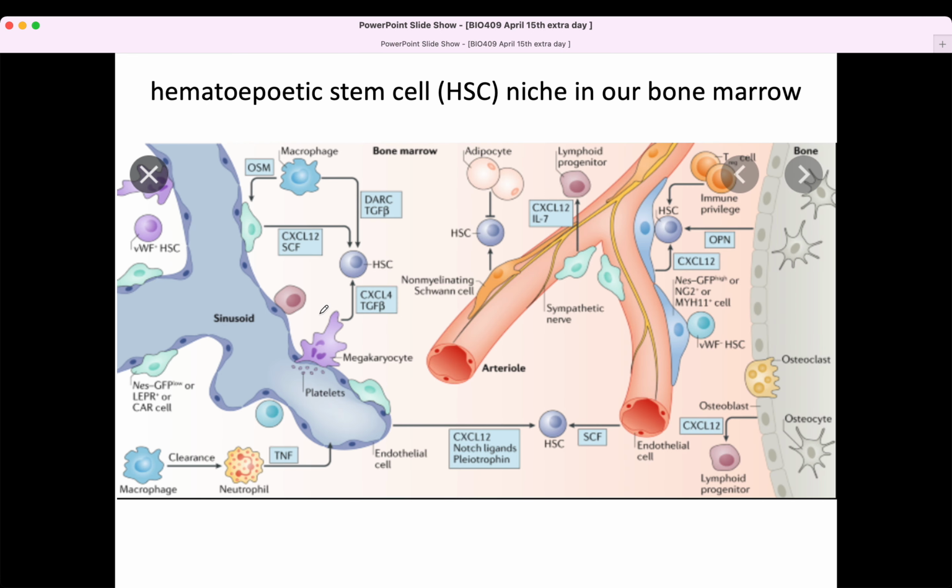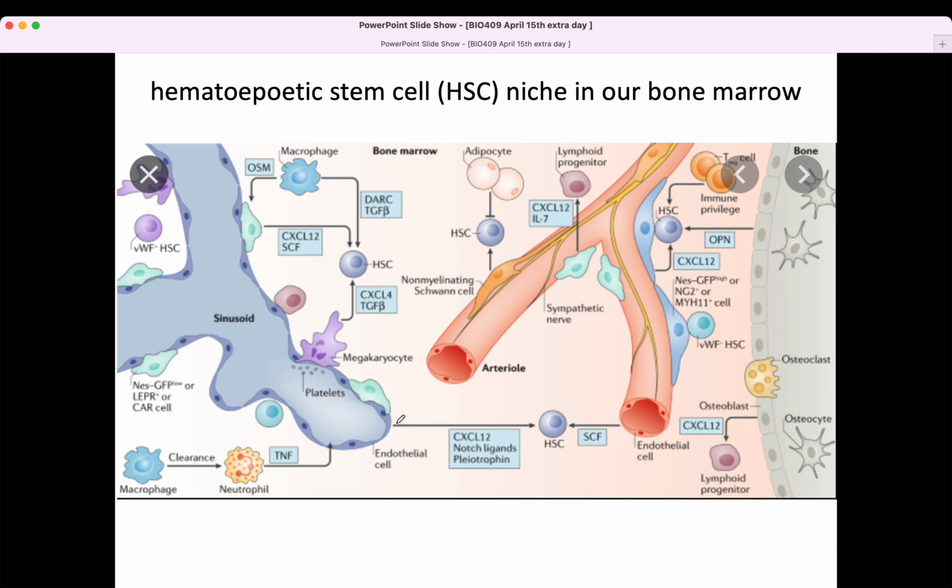Okay, and so there's a lot known about that here along the blood vessels in the bone marrow, and different areas in the interior of the bone, and how this microenvironment is maintained, and how the cells are stimulated to grow and divide to form the blood precursor cells.